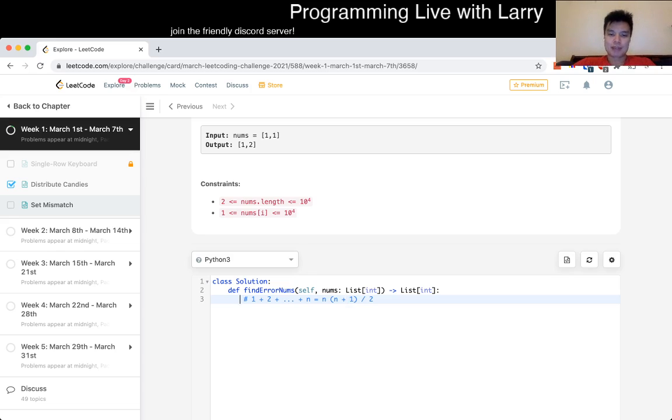So we know that the sum is this, and then we know that the sum of nums is going to be some number that's this.